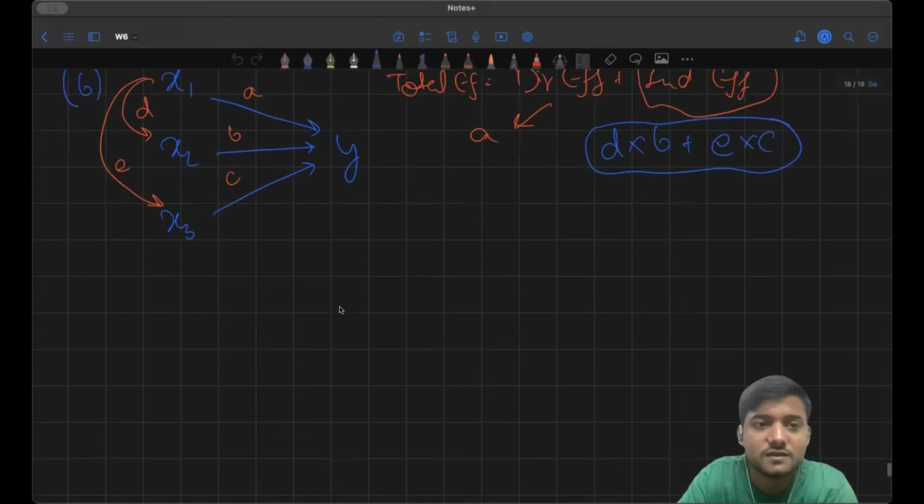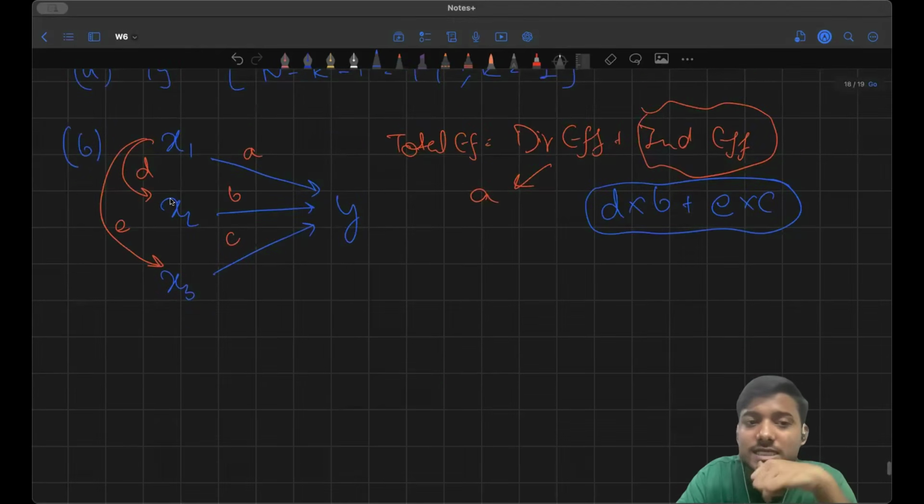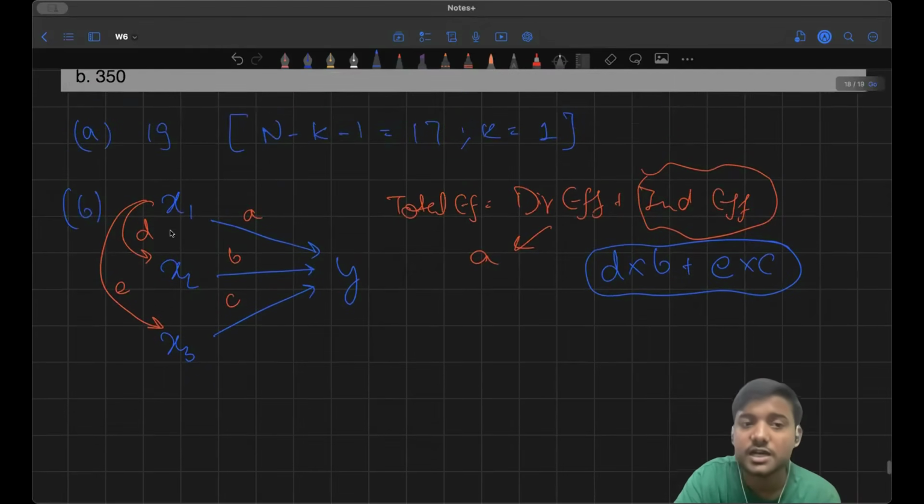If I write this in words, D is how x1 changes x2. So x1 would be on the input side, x2 would be on the output side. So I need to find a linear model where x1 is the input variable and x2 is the output variable. So let me find that.